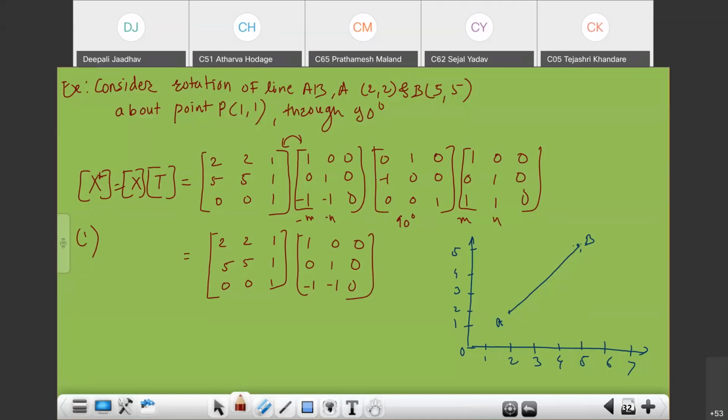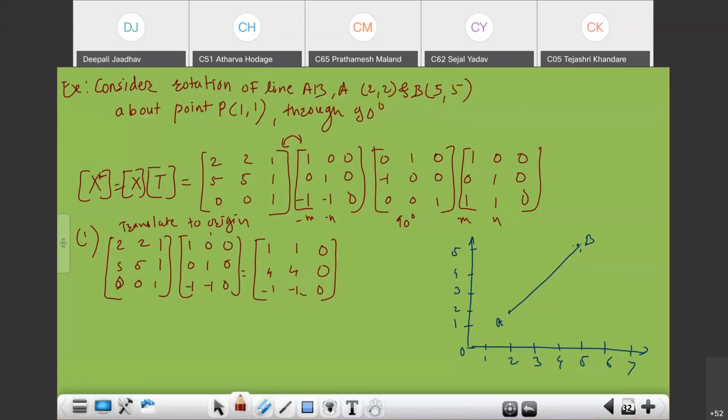What is the result? 1 1 and 4 4. It is (1, 1), and it is (4, 4), somewhere here. So it is translated towards the origin.